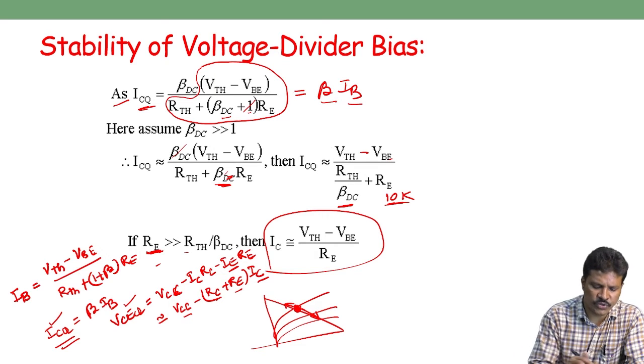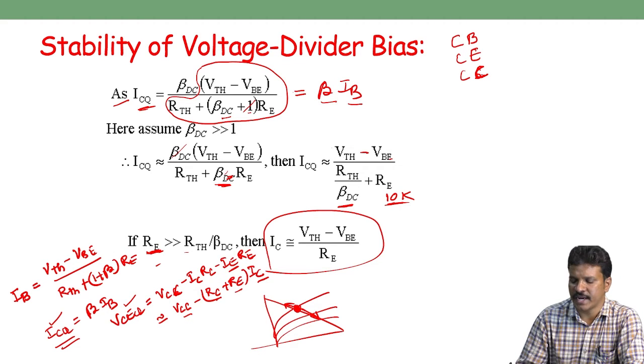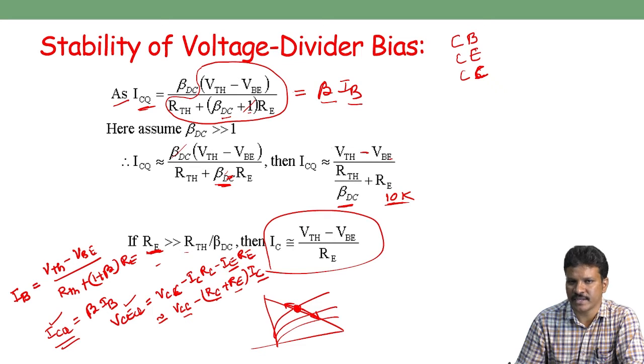So my dear students, if you analyze in this way, when we studied CB, CE, CC, these are the different connections of a transistor used in the network.